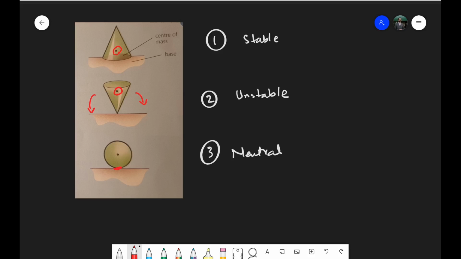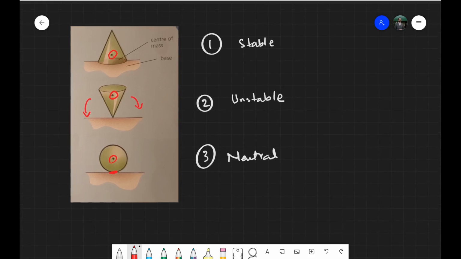This is the base and this is the center of gravity, but no matter in which direction it rotates, the base is always going to be below the center of gravity, and the center of gravity is going to stay above it. And that is why its equilibrium will not be disturbed, although it can move. We will still consider it to be in equilibrium, or we will still consider it to be a stable object, although it can still roll around.